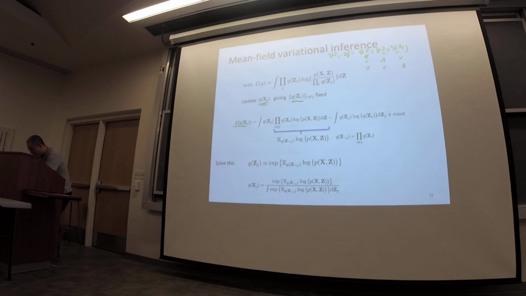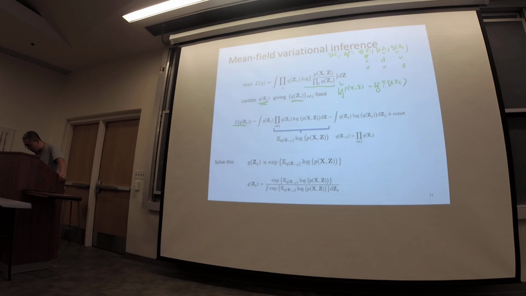So you do not need to care about their terms, only the terms containing Q of zj. From the original model evidence rule of thumb, we can write this log fraction as the log joint probability subtracted by this log posterior.